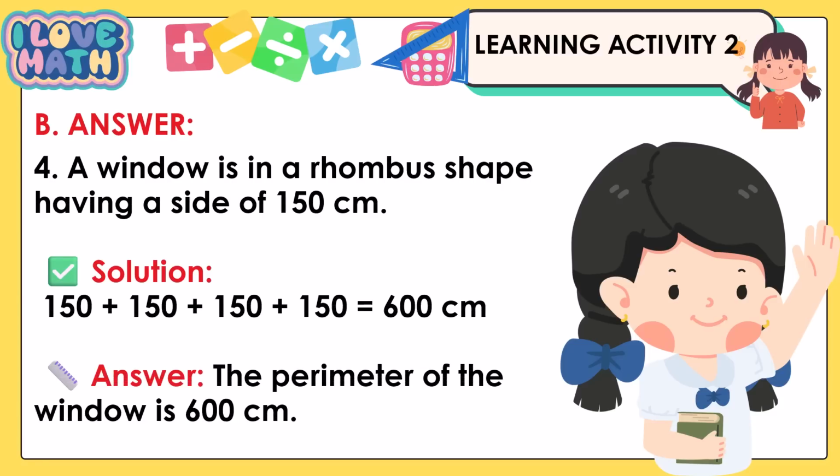Number 4, a window is in a rhombus shape having a side of 150 centimeters. Solution: 150 plus 150 plus 150 plus 150 is equal to 600 centimeters. The answer: the perimeter of the window is 600 centimeters.